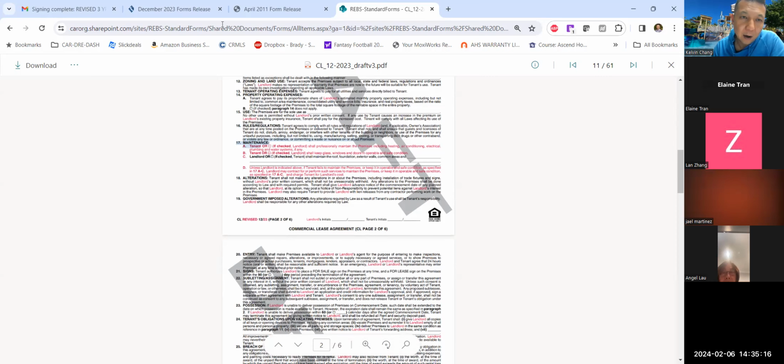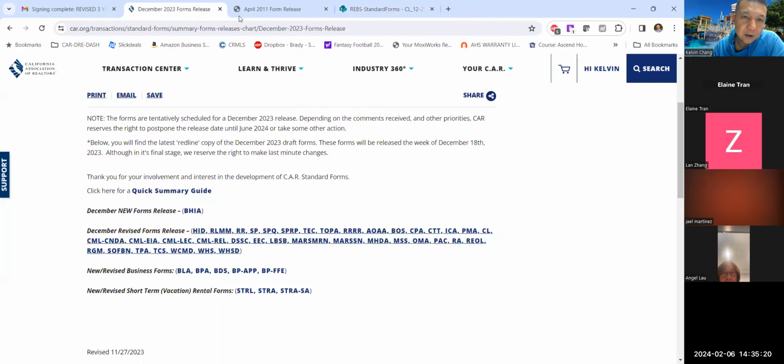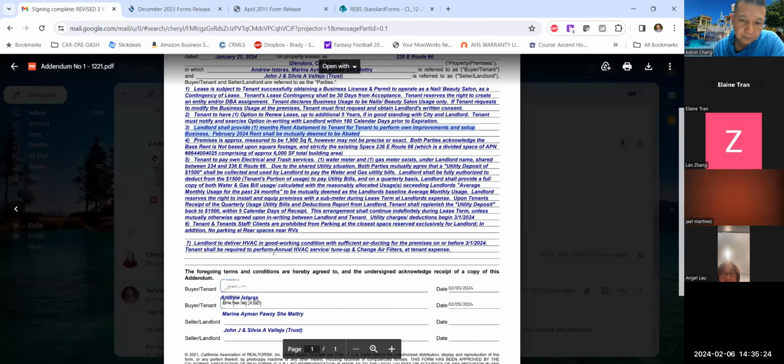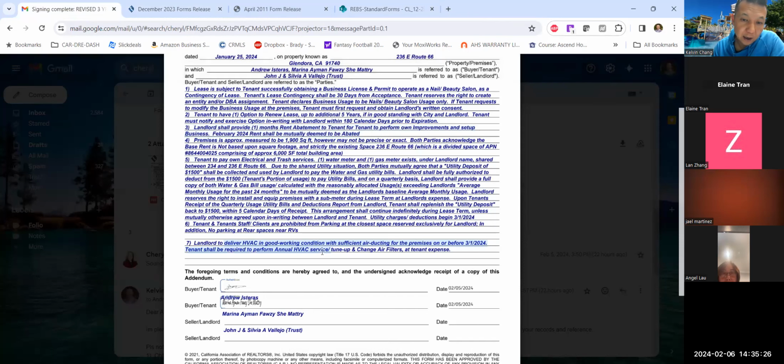I added my own language: landlord to deliver HVAC in good working condition with sufficient air ducting. So I put the landlord to deliver it and have a statement of operation and adequate airflow. But I also said once that is done, tenants shall be required to perform annual services on their own and tune-ups, change air filters at tenant expense.